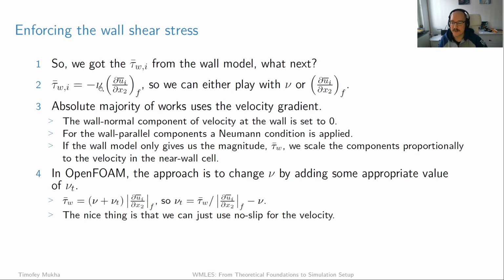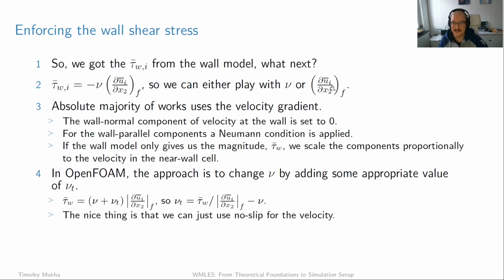So it's viscosity times the wall normal gradient of a wall parallel component evaluated at the wall. When we look at this expression, this is going to be given from the wall model. So if we want to set this, we can either play with the viscosity value at the wall, or we can play with the wall normal velocity gradient.